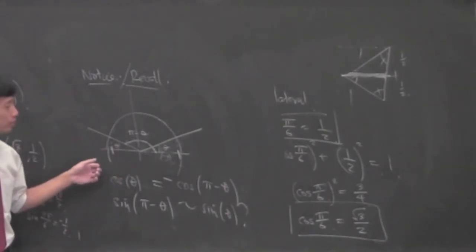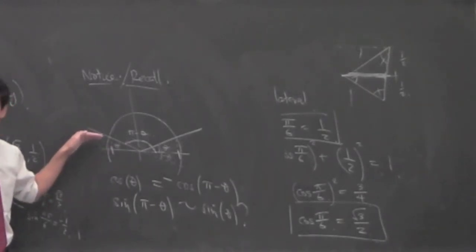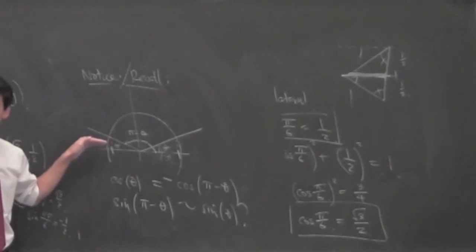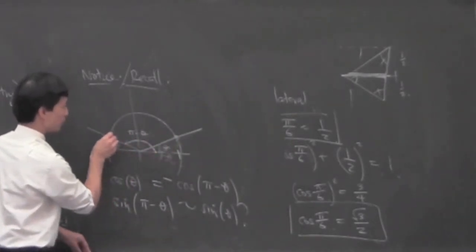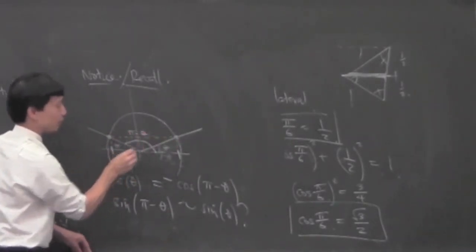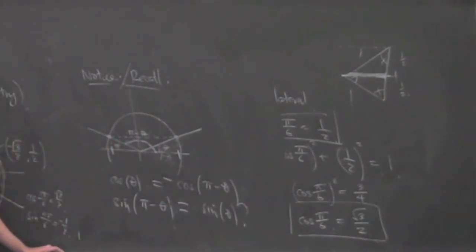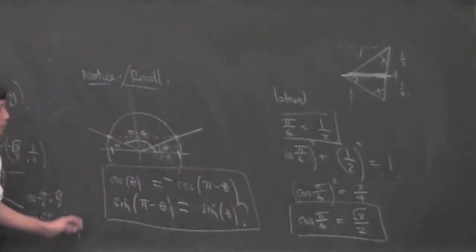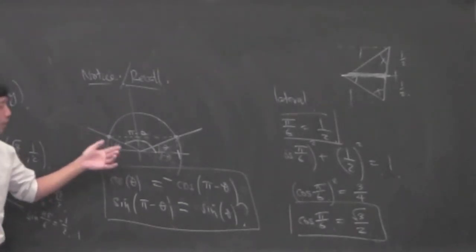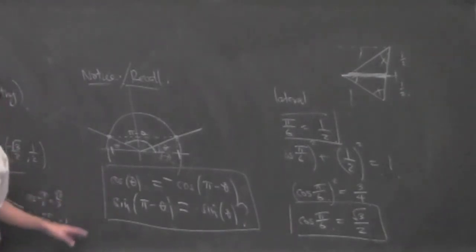What's the relation between the y-coordinate of this point and the y-coordinate of that point? They're the same. So from understanding the meaning of cosines and sines, you can actually get these sorts of formulas out of it. These trigonometric identities pop out.